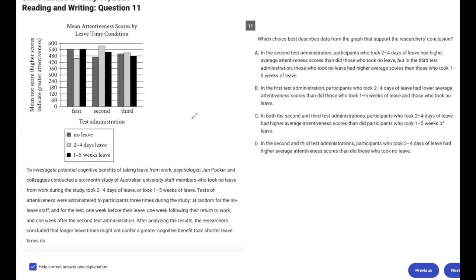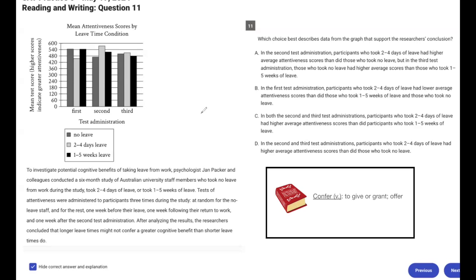Tests of attentiveness were administered to participants 3 times during the study, at random for the no-leave staff, and for the rest, 1 week before their leave, 1 week following their return to work, and 1 week after the second test administration. After analyzing the results, the researchers concluded that longer leave times might not confer a greater cognitive benefit than shorter leave times do.